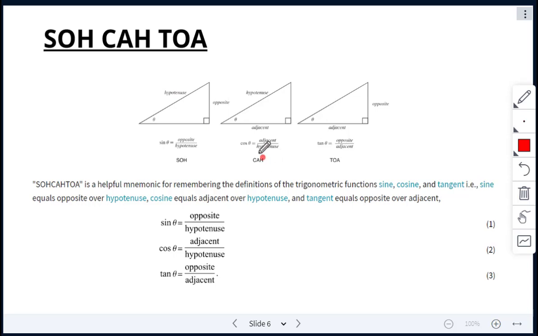CAH: C represents cosine, A for adjacent, H for hypotenuse, so adjacent divided by hypotenuse. Here's our angle theta, here's adjacent, here's hypotenuse. And lastly is our tan ratio, TOA. Again, our angle theta is there. Here's opposite, here's adjacent, and our ratio is opposite divided by adjacent. SOHCAHTOA is one way to remember those three trig ratios for sine, cosine, and tangent.